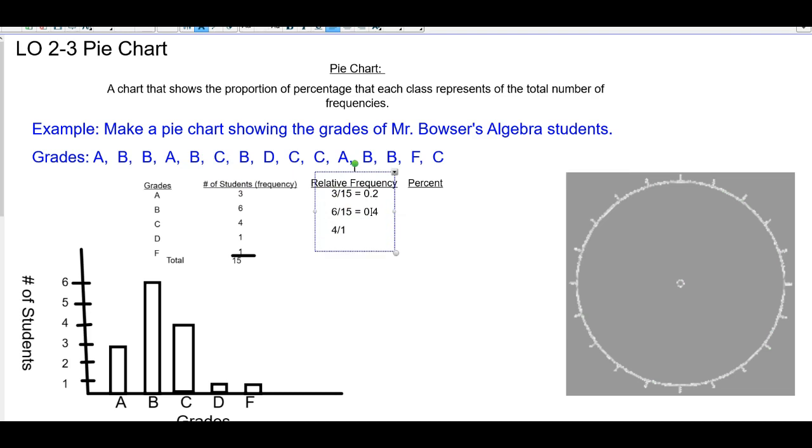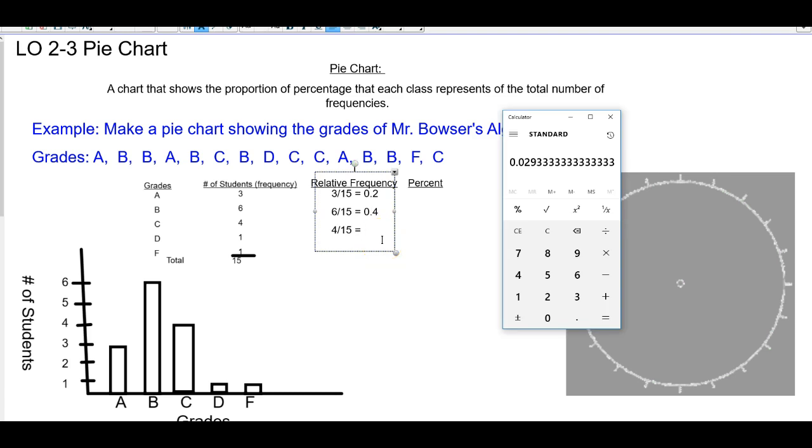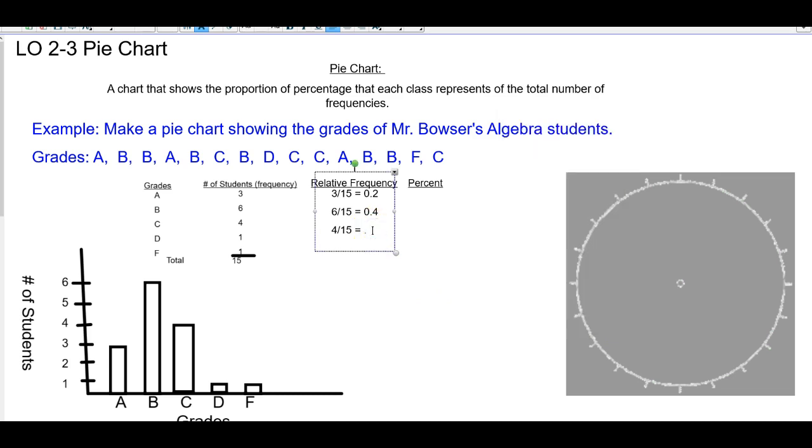We have 4 divided by 15, which is 0.26. So let's round that up to 0.27.